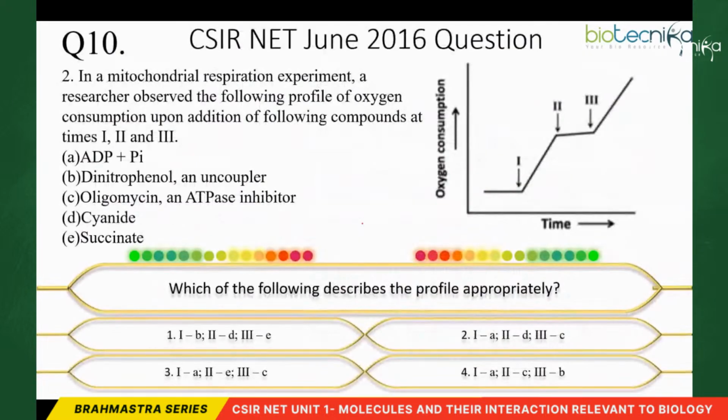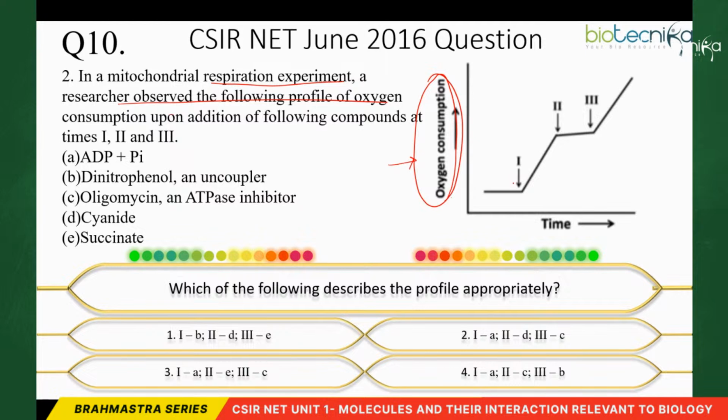Okay, so this is a question in a mitochondrial respiration experiment. A researcher has observed the following profile. It is asking for oxygen consumption. Oxygen consumption means you just have to say whether the electron transport chain is happening or not.